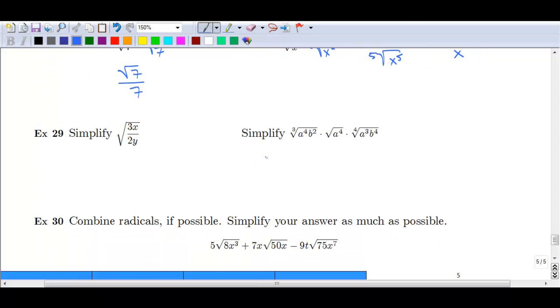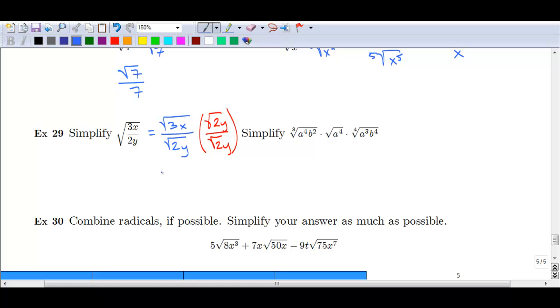A few more examples here. If we want to take the square root of 3x over the square root of 2y, again, we're going to use that second rule that we had up above. We're going to split this up into the square root of 3x over the square root of 2y, so we're splitting that fraction up. And now, since we have a square root, this is relatively simple to multiply by 1, so we're going to multiply by the square root of 2y over the square root of 2y.